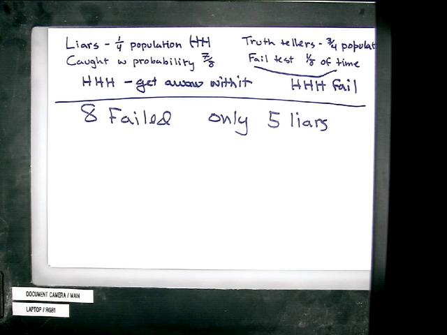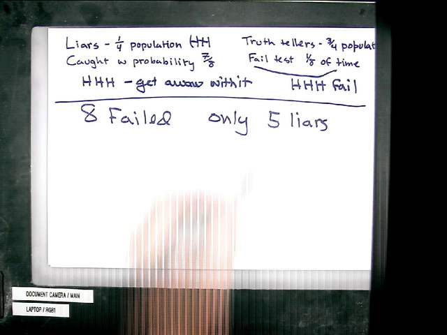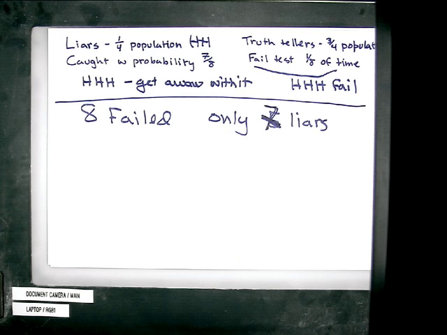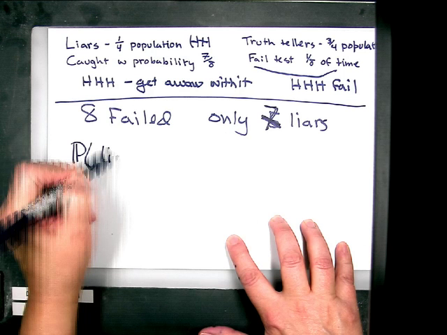You were not a liar? And were you a liar? You were a liar. And everybody else was a liar. So in fact, by chance, we didn't get very many actual truth tellers who failed the test. So 7 were liars? All right. So I could ask you the question, what's the chance someone's a liar given they failed the test?